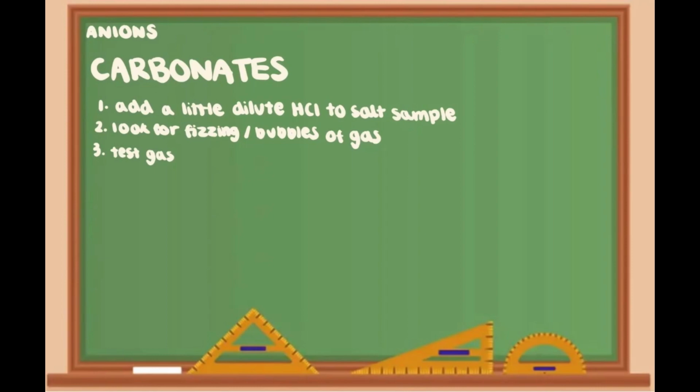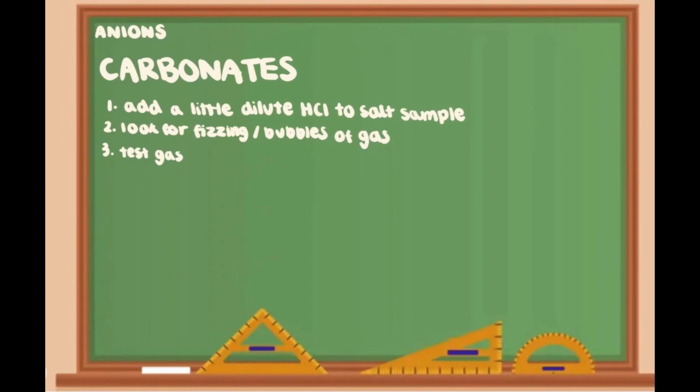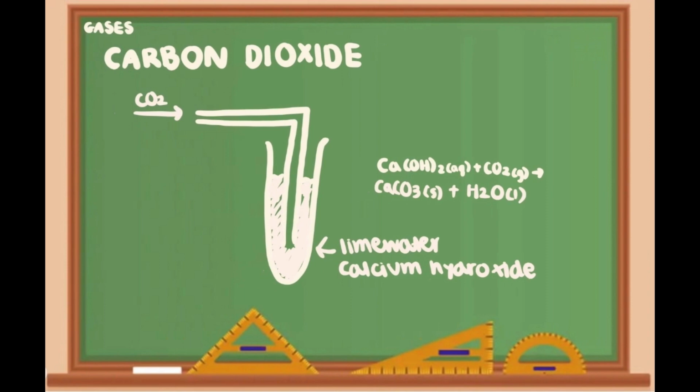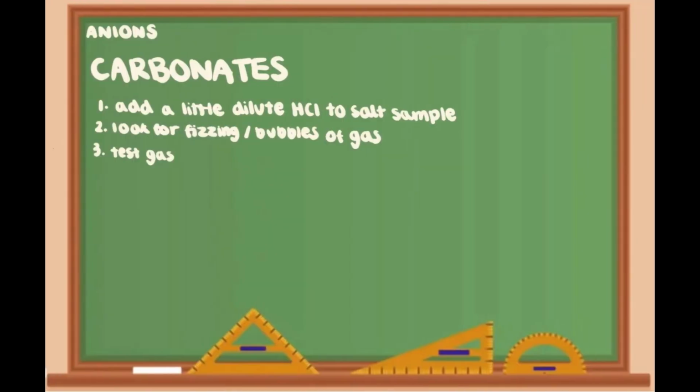Then we're going to capture that gas and test it in the same way that we would test for carbon dioxide, so by bubbling it through lime water. And obviously the same thing: if the solution turns cloudy, milky, chalky, that means that the salt had a carbonate in it.